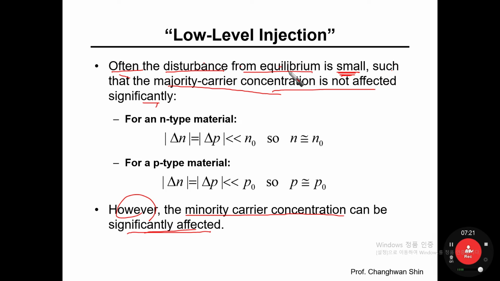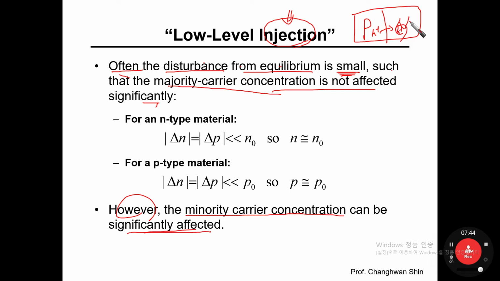Then we can say that this event is quite equivalent to low-level injection. So in the end, we are going to understand this word, injection, because we are going to study the Pn junction diode. So many holes are injected toward the N-type material.